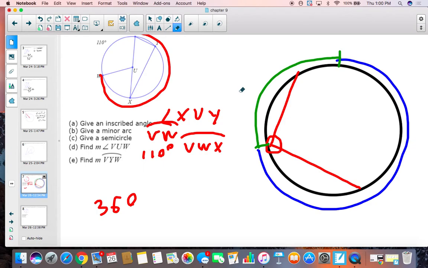The remaining section that's not in that highlighted red part there is 110 degrees. So if we take 360 and subtract out 110, shouldn't we get the remaining of VYW? Yeah. So we should get, after subtracting here, 250 degrees.